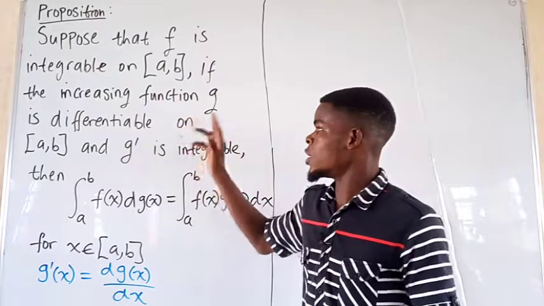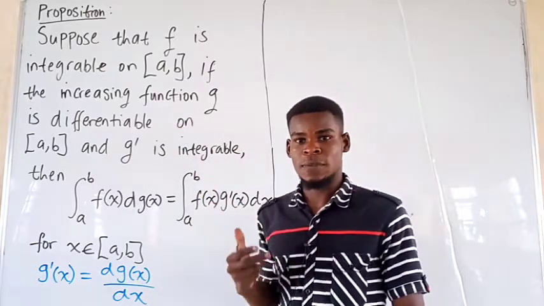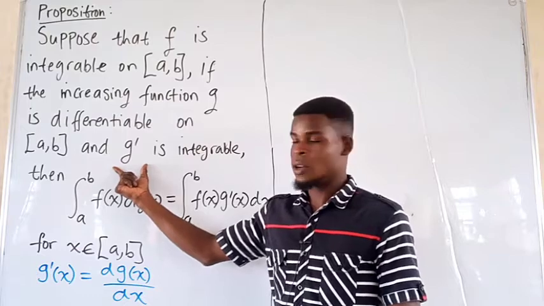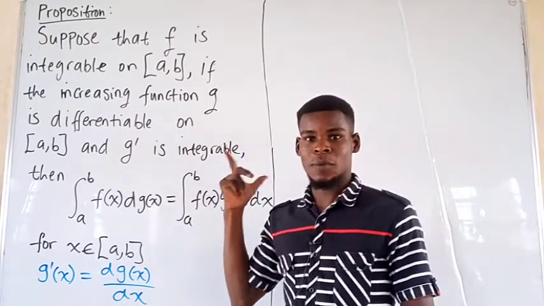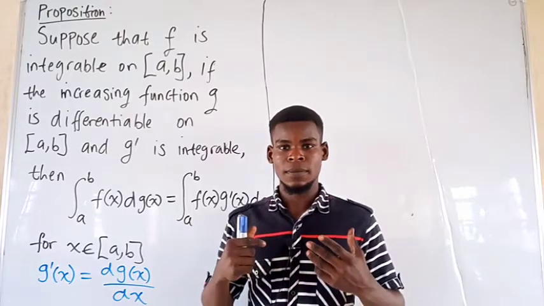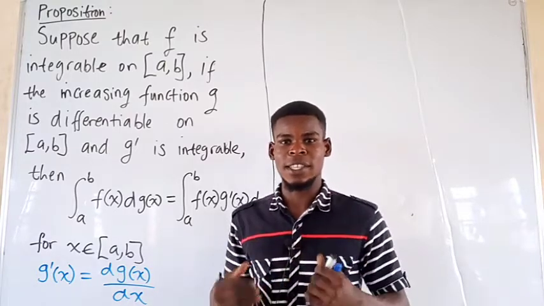Now, g is an increasing function which is differentiable such that the derivative of that g is integrable on that interval. So g is differentiable and its derivative is integrable.